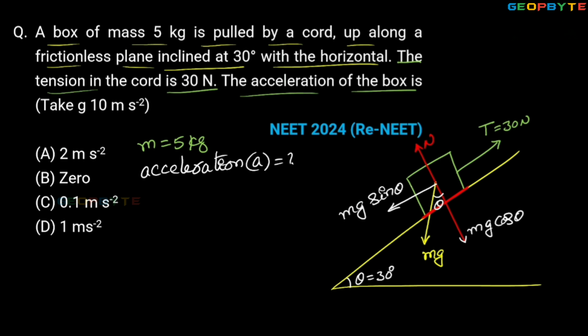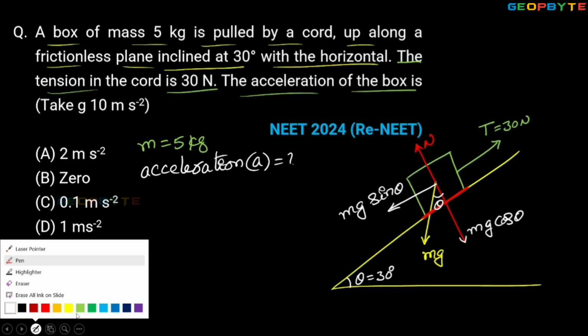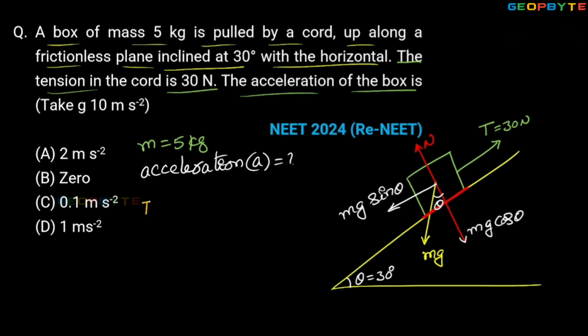You know the tension and mg sin theta are in the same direction along the plane, but tension is acting upwards and mg sin theta downwards. Then I can write T minus mg sin theta must be equal to the net force, that is equal to mass times the acceleration.